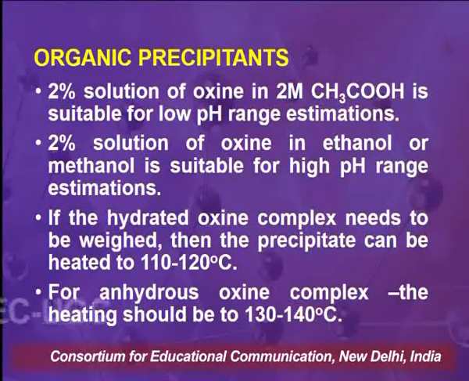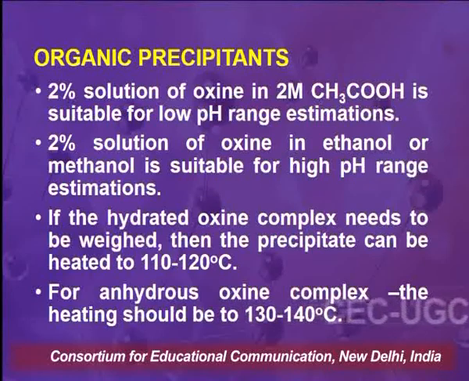Then the precipitate can be heated to 110 to 120 degrees to remove the water molecules which are attached to it, and this will give the anhydrous oxine complex in some cases, whereas for other anhydrous oxine complexes the heating should be carried out to 140 degrees centigrade. Upon heating the precipitate to 140 degrees centigrade, all the water of constitution will also be removed and the oxine complex which will be obtained will be anhydrous.